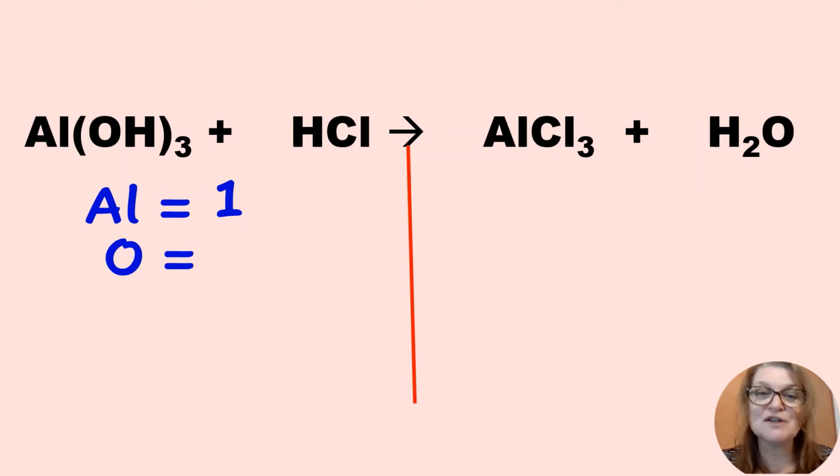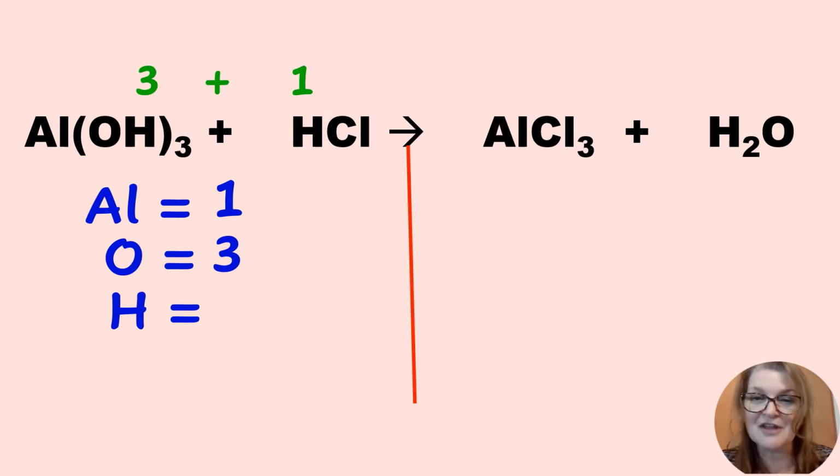Now the hydrogen is also in the parentheses and needs to be multiplied by 3. But if we look carefully on the reactant side, we'll see that there's an H in the other compound as well, and we need to add them together in our inventory for the hydrogen. So there are 3 hydrogen in the parentheses plus 1 hydrogen in the HCl. So altogether on the reactant side, we have 4 hydrogen.